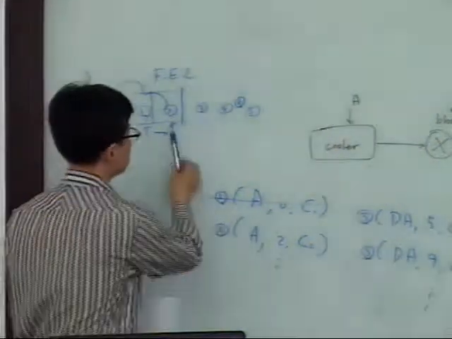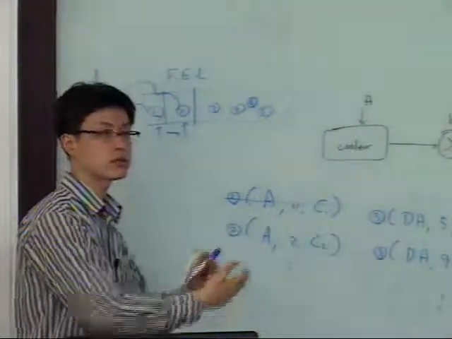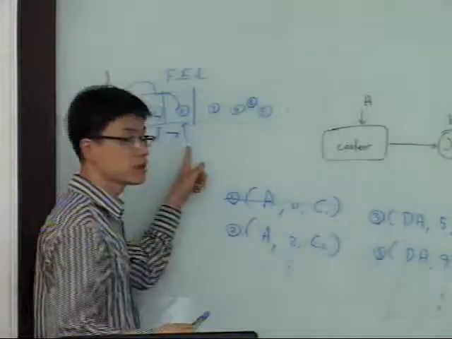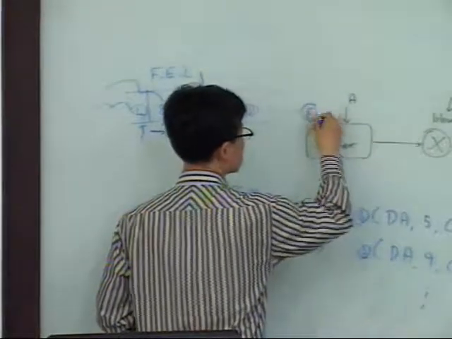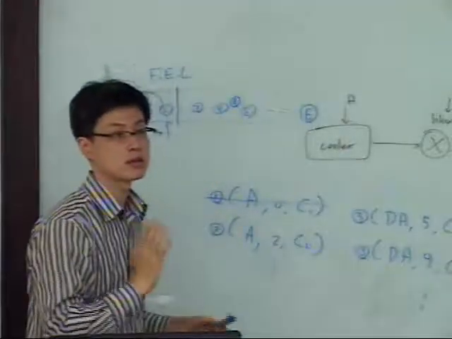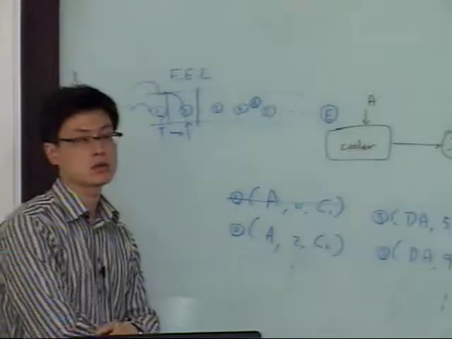Whatever it is, the next one will be time advanced, and it keeps doing that until it reaches the end of the simulation event. It's a key element of this discrete event simulation system.